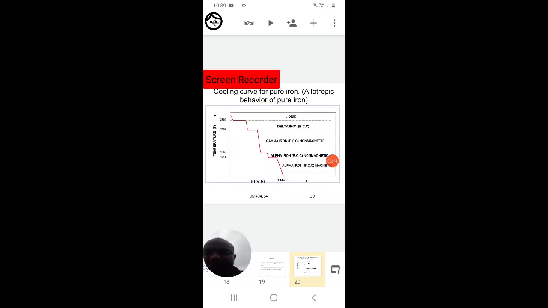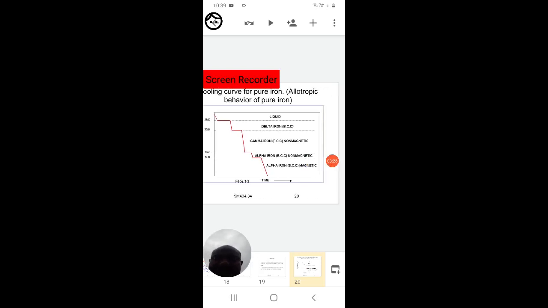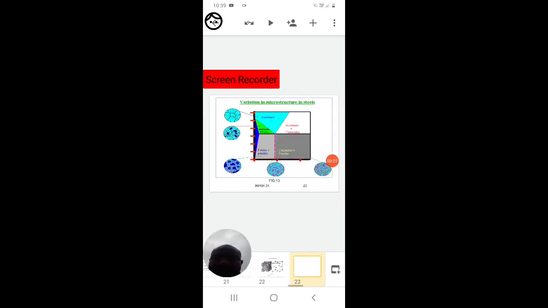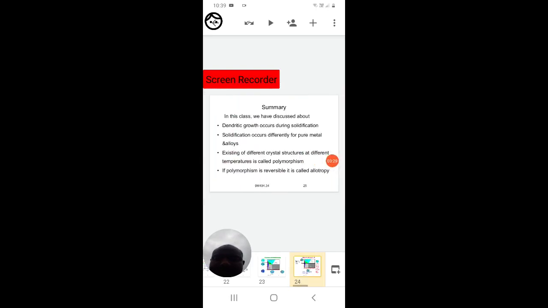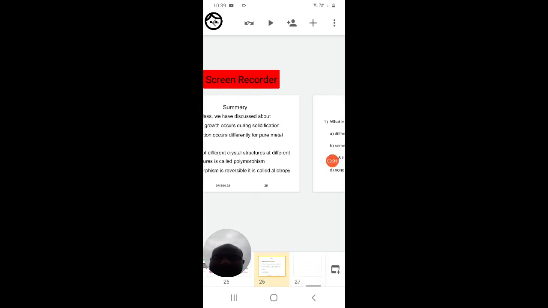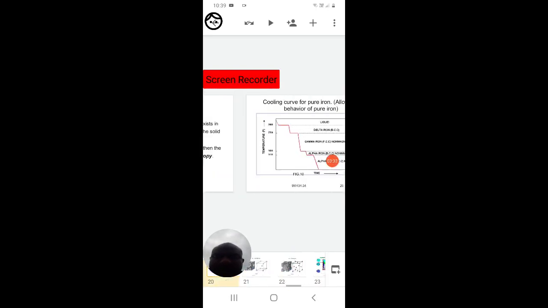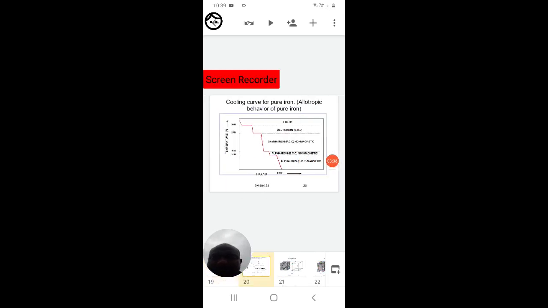The temperature is in Fahrenheit, and in this polymorphism you will see the following.